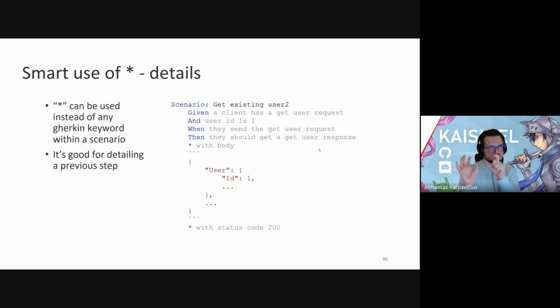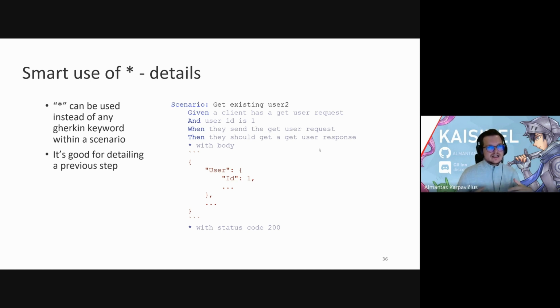So for example, I have a response and its details are body and status code. So I can put an asterisk like this, to emphasize that both of those, body and status code, refer to the response body and not, for example, the request body.